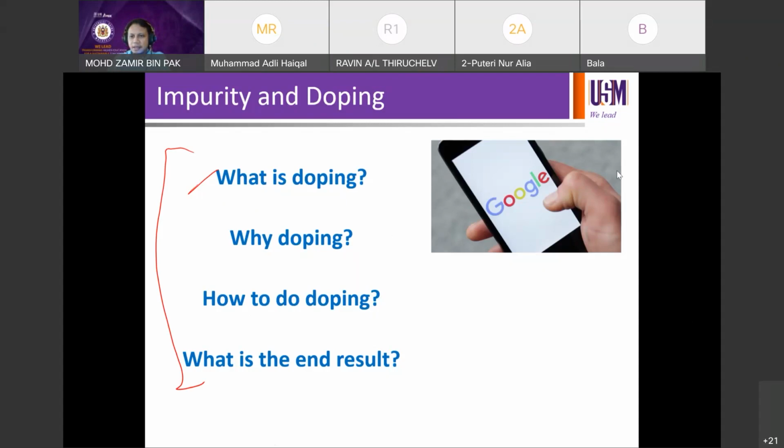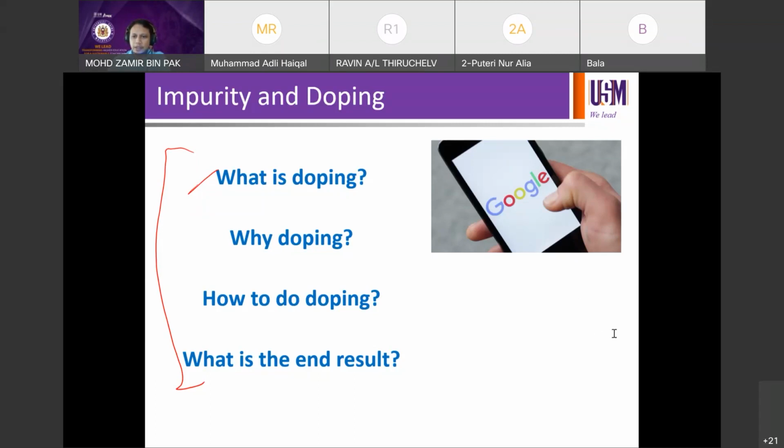Alisa, Sharafana, would you like to share what is doping that you found? Ada ke Alisa? Okay, Zul. Adding impurities into semiconductor. Okay, Zul said adding impurities into semiconductor.